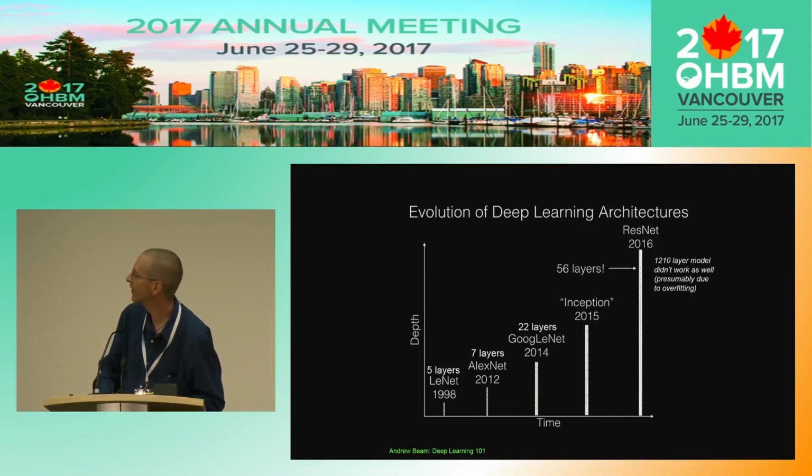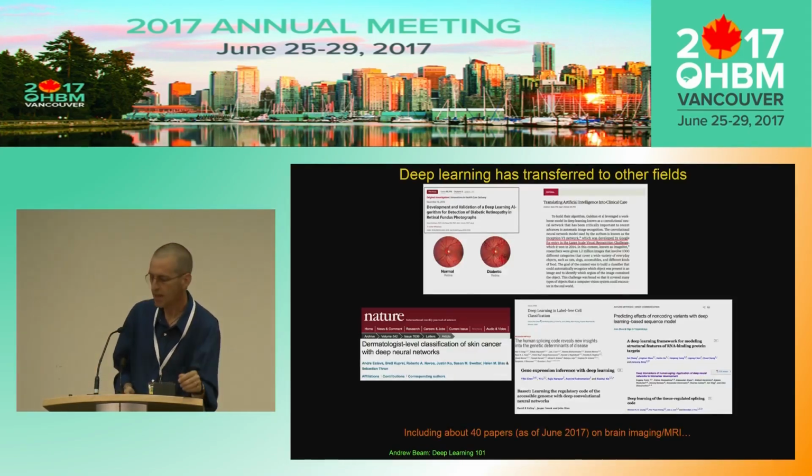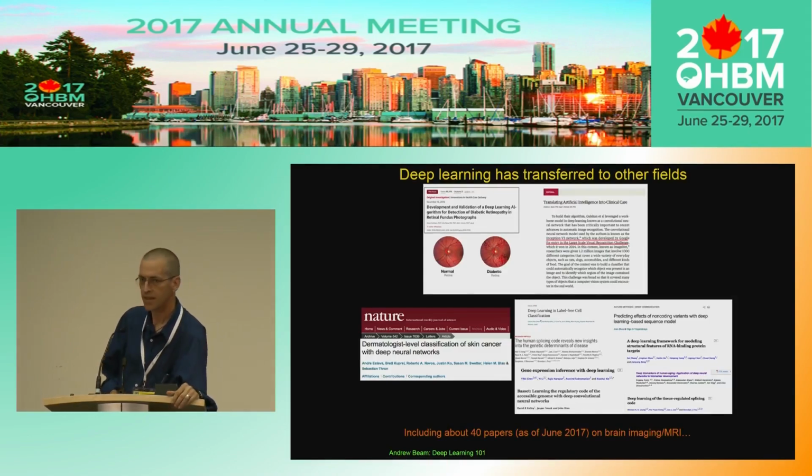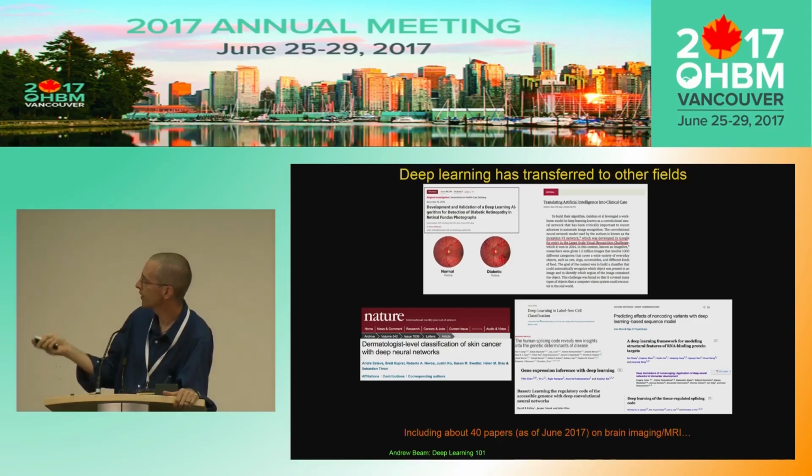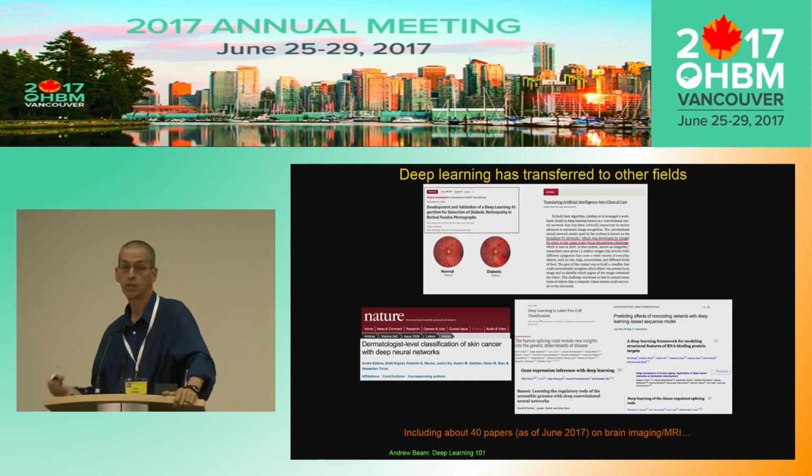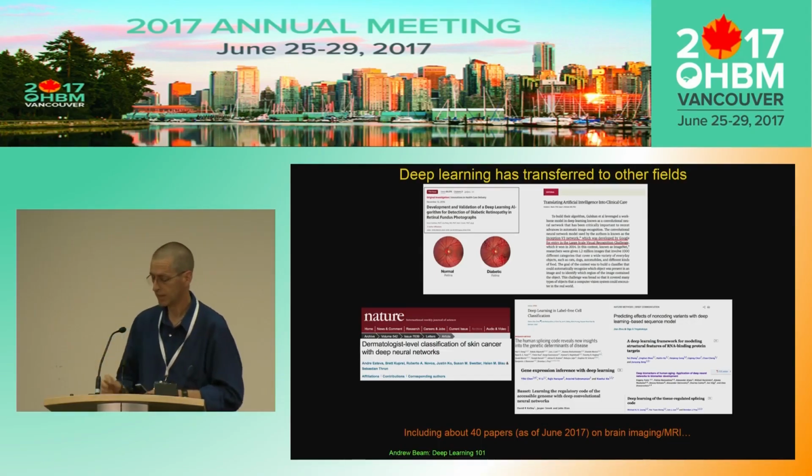So you can see this is getting really complex, and it has gone outside of typical computer science applications to medical applications, to retinography, classification of skin cancer, genetics, et cetera. Currently, as best I can tell, there are about 40 papers or so on different applications to brain imaging data. So that's growing rapidly now as well.